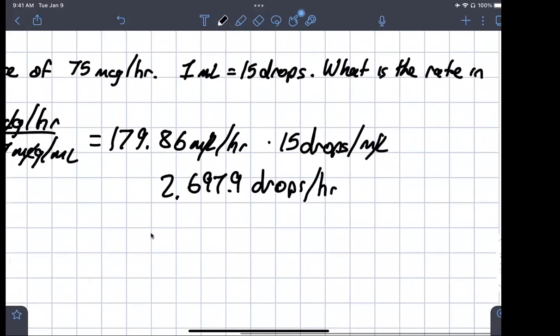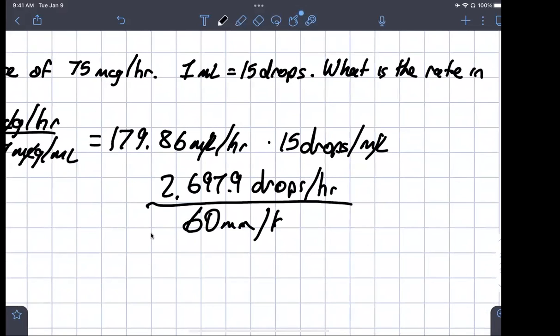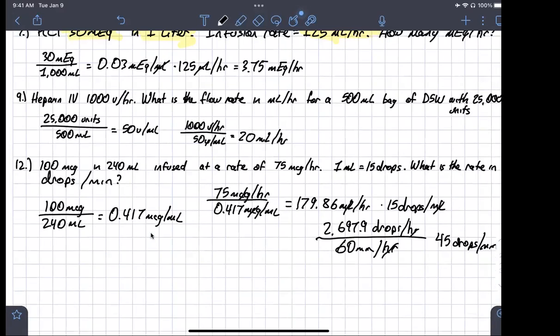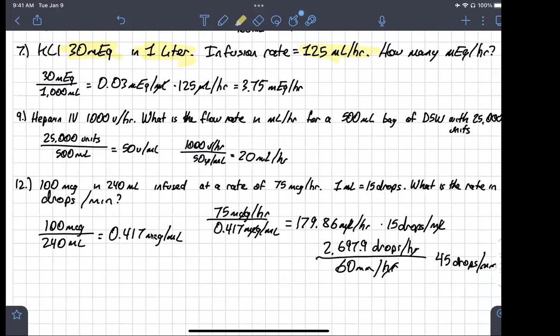So you have to remember that there are 60 minutes in an hour. Hours cancel. So when you divide by 60, you'll end up with 44.965, which we're going to call 45 drops per minute. Okay. So once again, 100 mics, 240 mils, there. Okay.